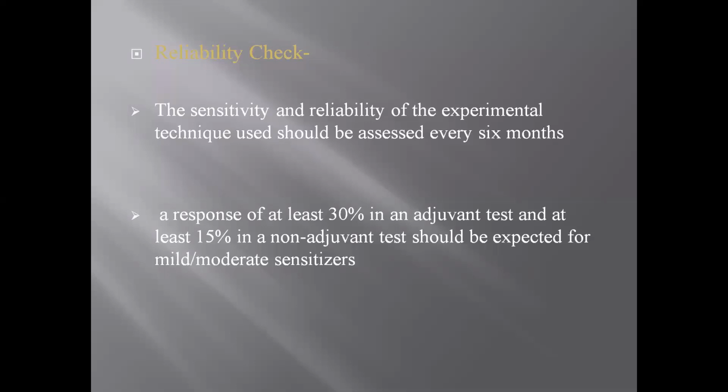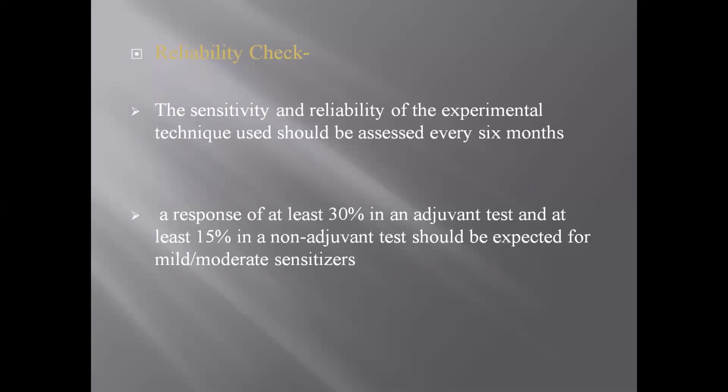Then the sensitivity and reliability of the experimental technique used should be assessed every 6 months, and it is done by using substances which are known to have mild to moderate skin sensitization properties.